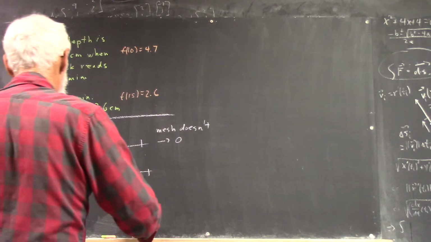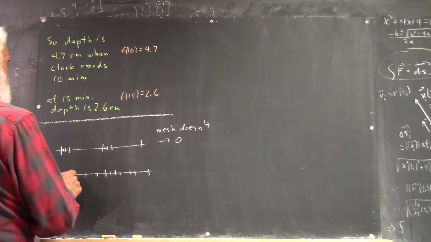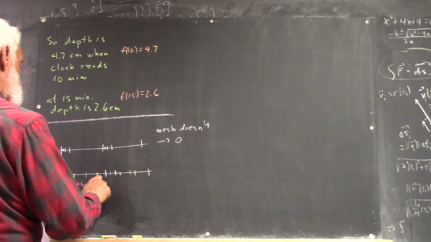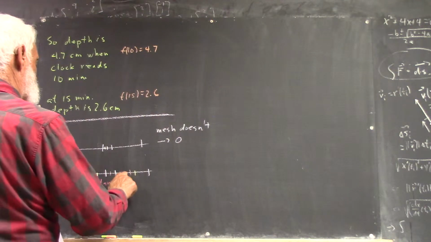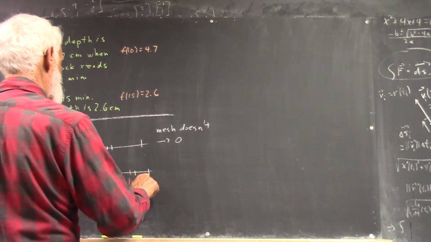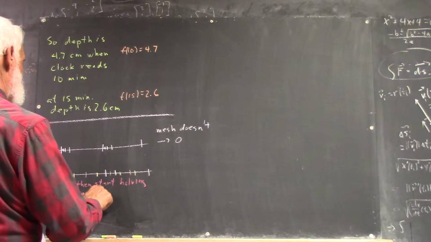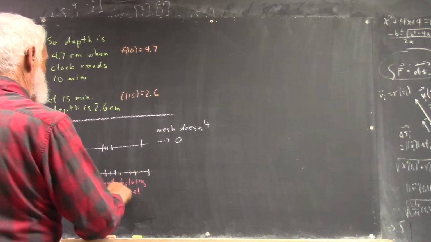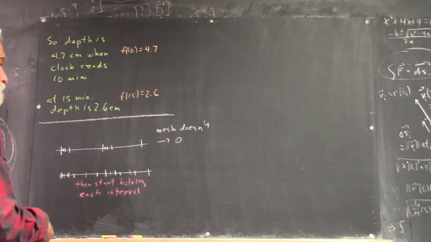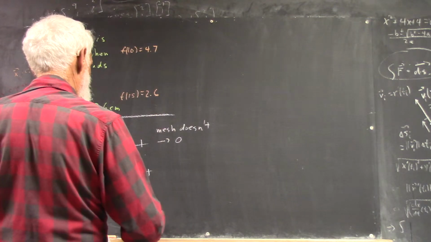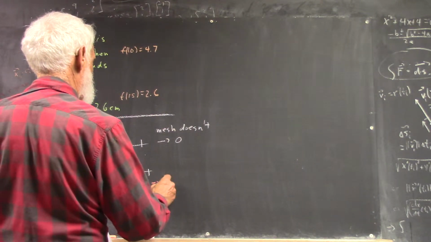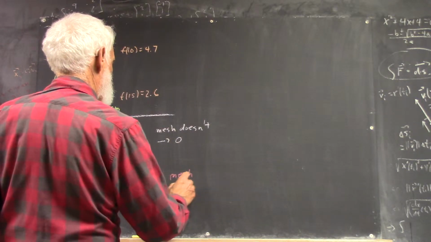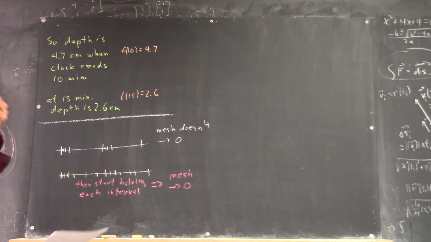And then start halving each interval, and that would imply that the mesh approaches 0.